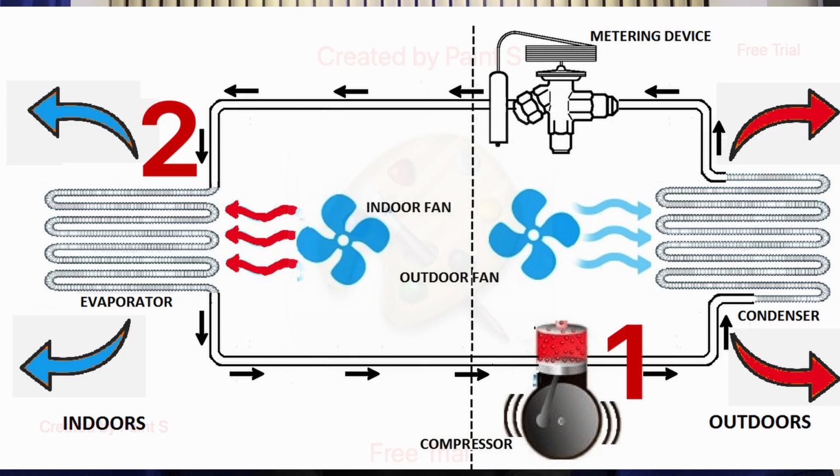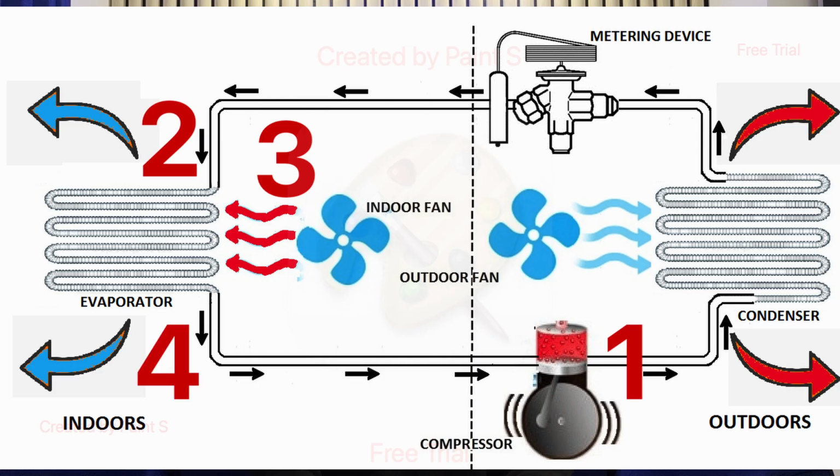2. The refrigerant travels via the pipework and enters the evaporator coil. Here, the liquid refrigerant evaporates and cools the indoor coil. 3. A fan blows the air across the cold evaporator coil, where the heat inside the home is absorbed into the refrigerant. 4.